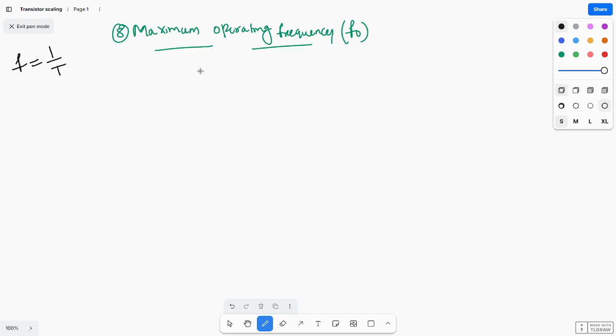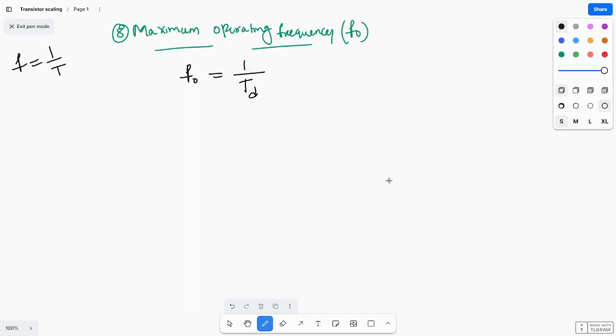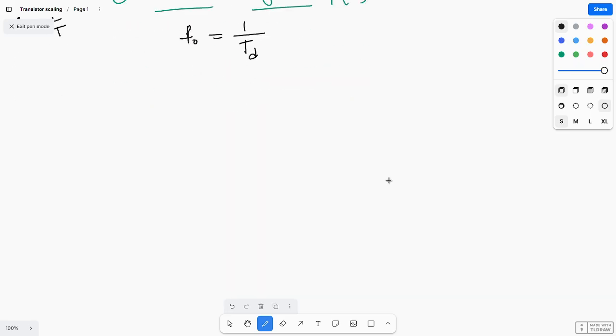So here F0 you can write as the reciprocal of the gate delay, 1 by TD. As TD is scaled by beta by alpha square, F0 is scaled by the reciprocal, alpha square by beta. Therefore F0 is scaled by alpha square by beta.